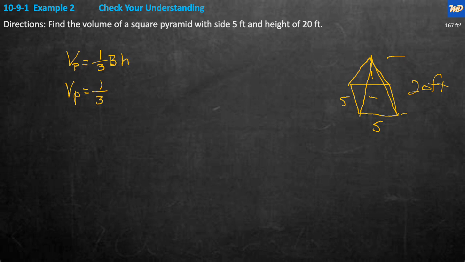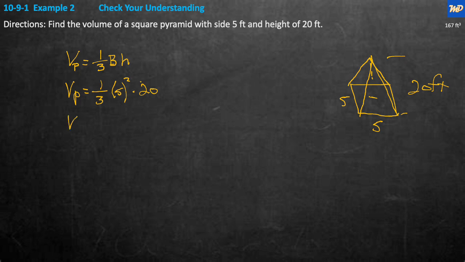It's S, or 5, squared, times 20. We replace the H with the 20 and the S with 5 in this formula. Because a rectangle is one side times the other side, the length times the width, and a square has identical sides, we can square it.